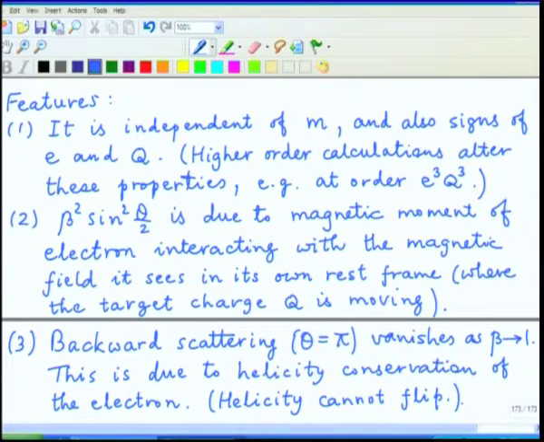And this is also a very useful feature to see not only in this Coulomb scattering, but in many other processes where if you have an ultrarelativistic particle, the conservation of helicity produces restriction on backward scattering.